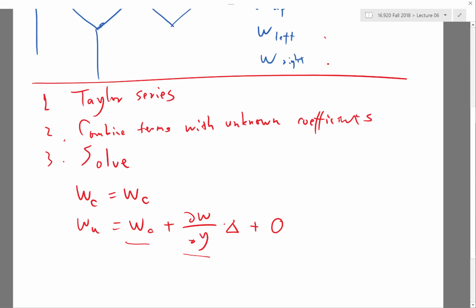Unfortunately, no, because in 2D there are many second order terms. There is a term proportional to delta x squared, a term proportional to delta y squared, and another term proportional to delta x times delta y.